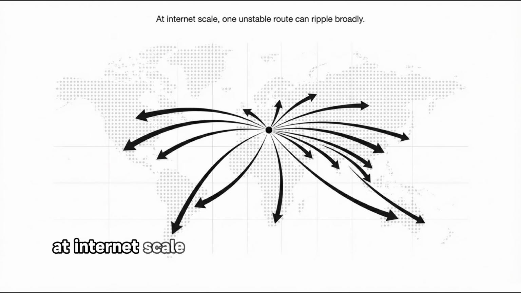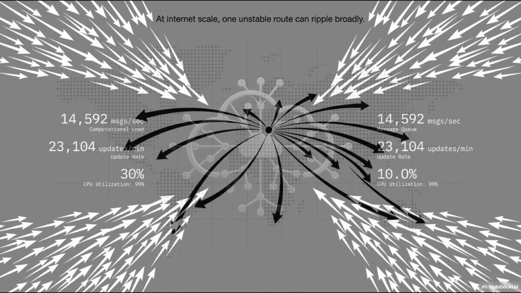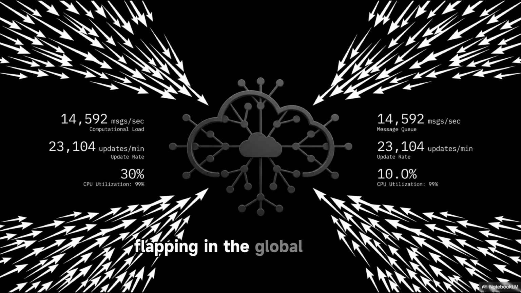At internet scale, this effect is amplified enormously. BGP, the protocol that governs routing between organizations, connects hundreds of thousands of routers operated by thousands of different networks. A single significant route flapping in the global BGP table generates updates that propagate across the entire internet. Every BGP router that receives the update has to process it. If the route flaps repeatedly, that processing load repeats.